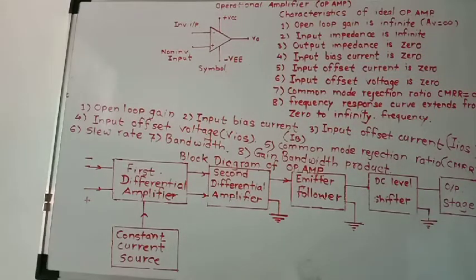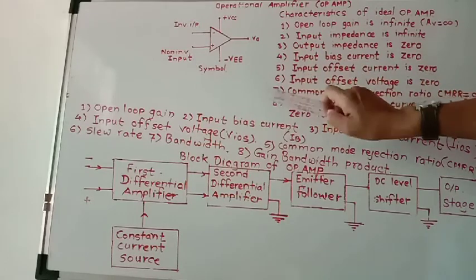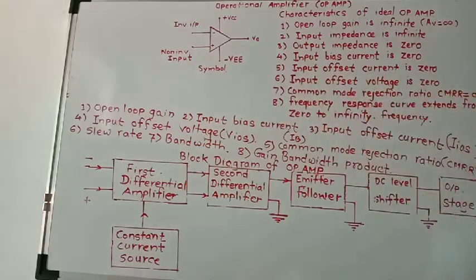So ideally, for zero input voltage, the op-amp output should be 0, but practically it is not so, and this is due to the unbalances in the differential input stage. In the differential amplifier stage there are two transistors, but the characteristics of these two transistors are not exactly identical.